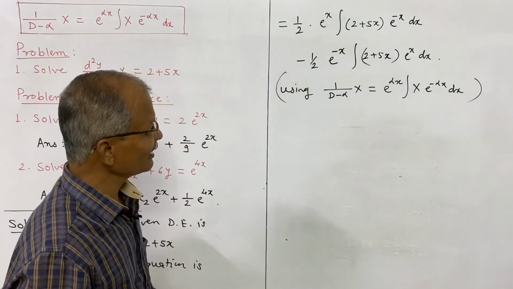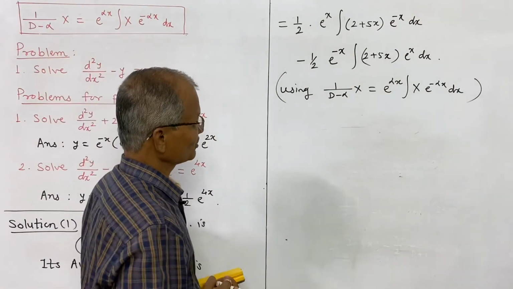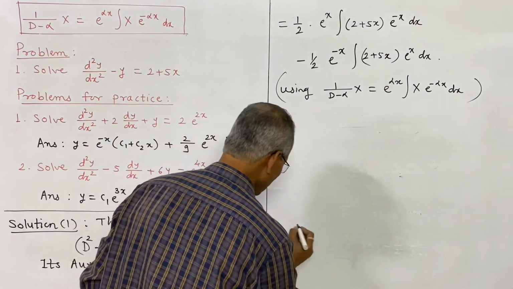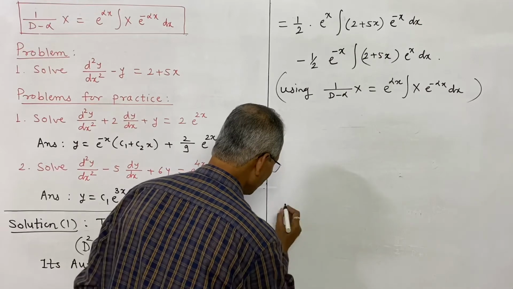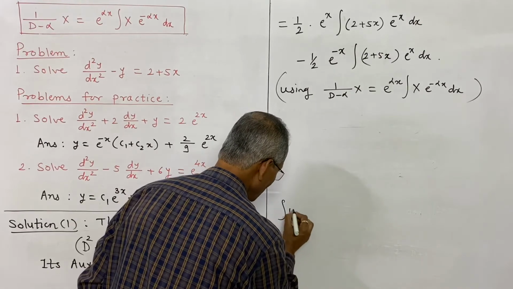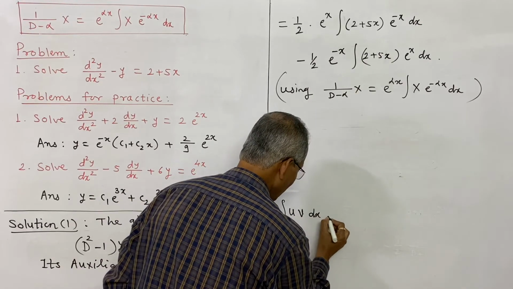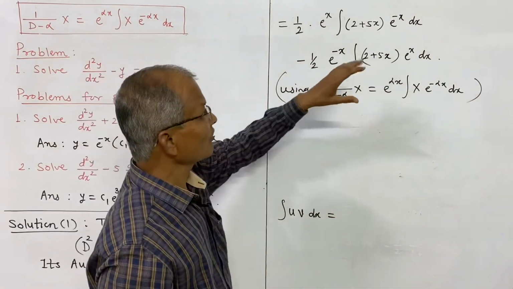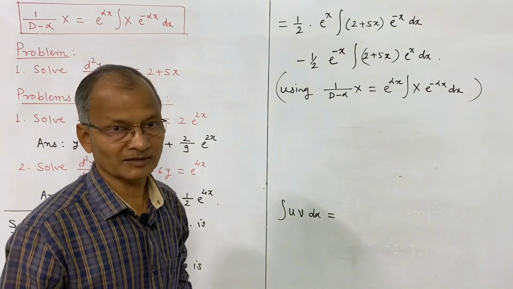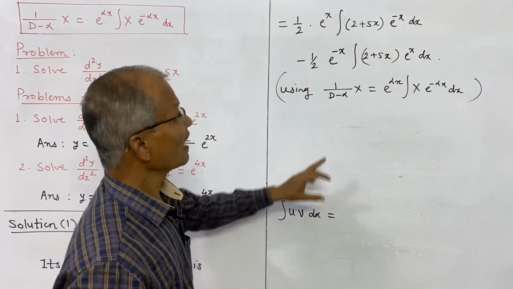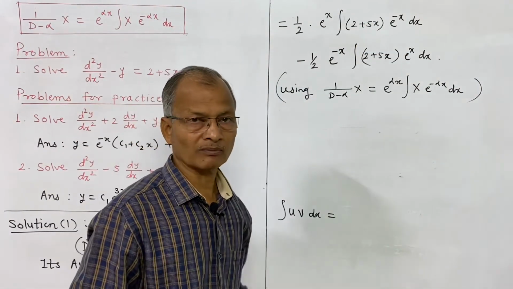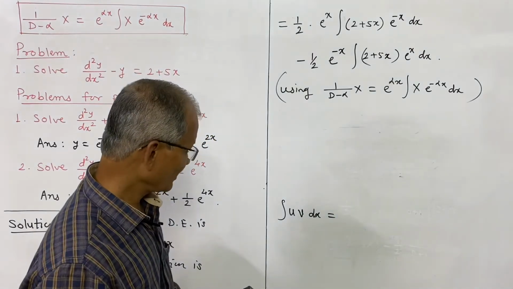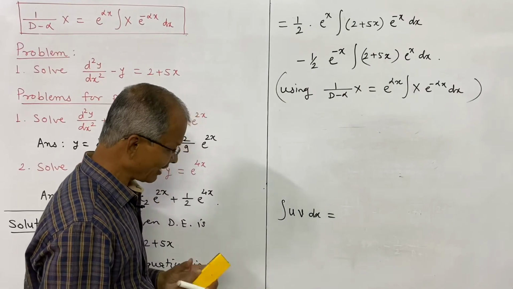How to use integration by parts, that we should note. The integration by parts rule is integral u into v dx is equal to. Sometimes this rule is to be used in succession. Again, if the resulting integral is a product of two functions, then we have to repeat the rule of integration by parts, and that general rule can be written like this.